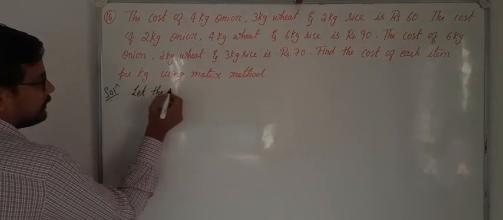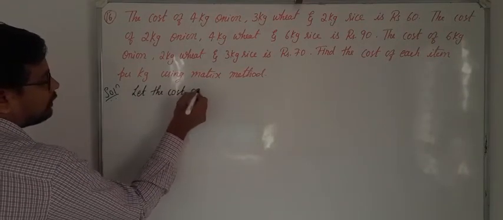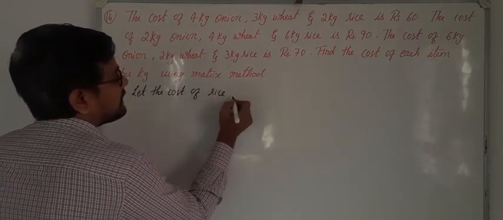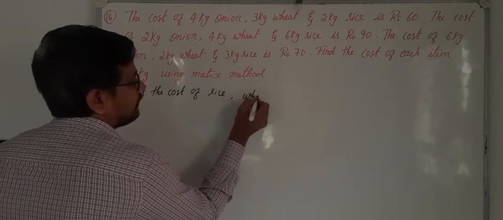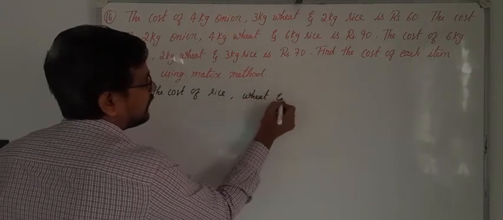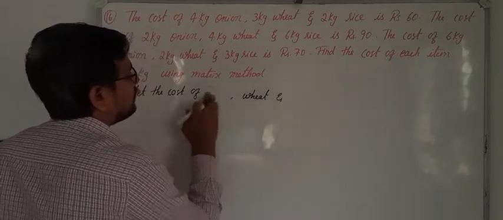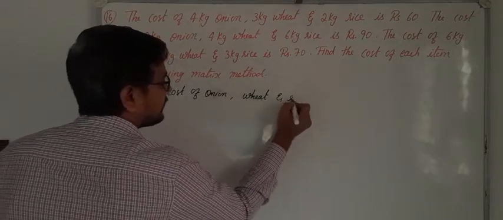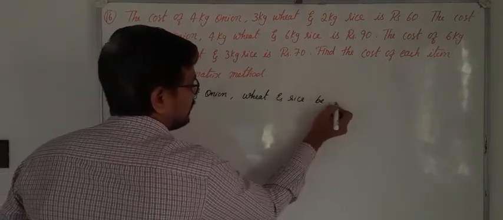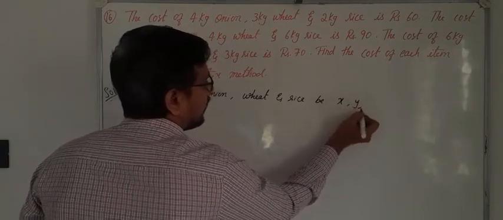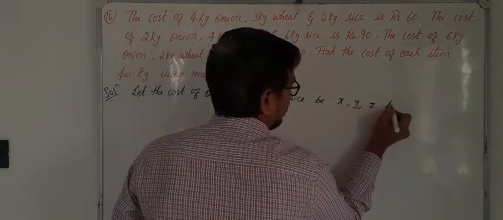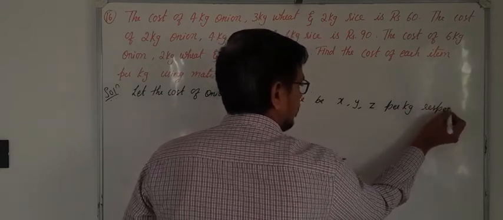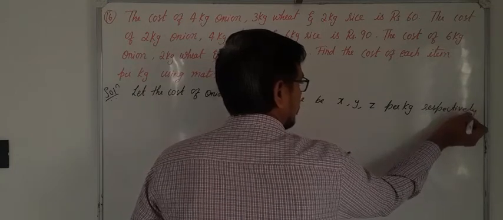Let the cost of onion, wheat and rice be x, y, z per kg respectively.